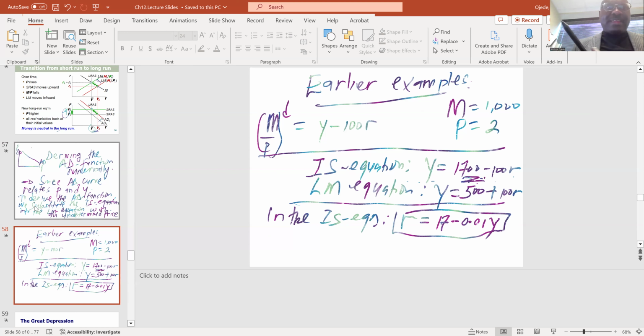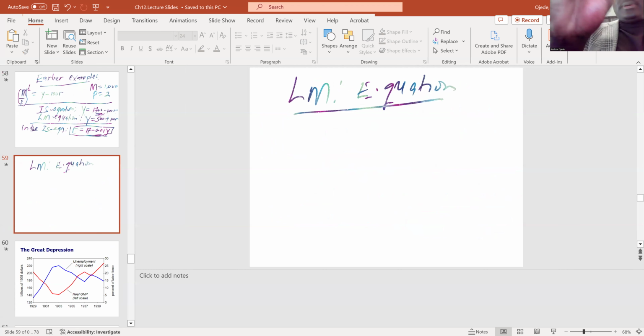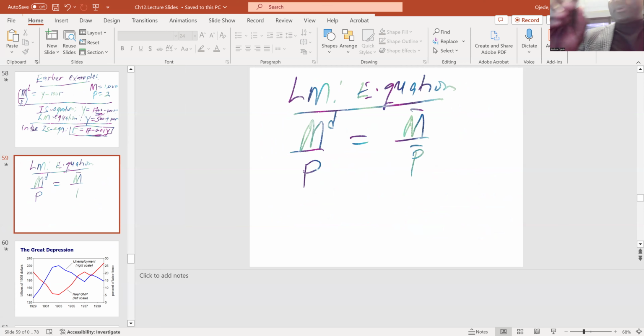Now, to derive the aggregate demand curve, as I told you, you're going to substitute this value of R from the IS equation into the LM equation, but with an undetermined price. So that means you need to rewrite your LM equation. Your LM equation was derived from the money market equilibrium. We're saying that MD over P equals M over P. Because to derive the aggregate demand curve, you must leave P in the function.